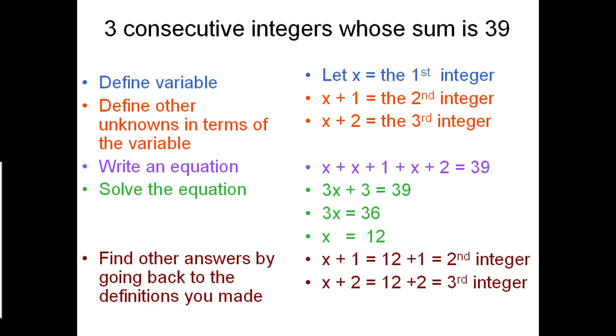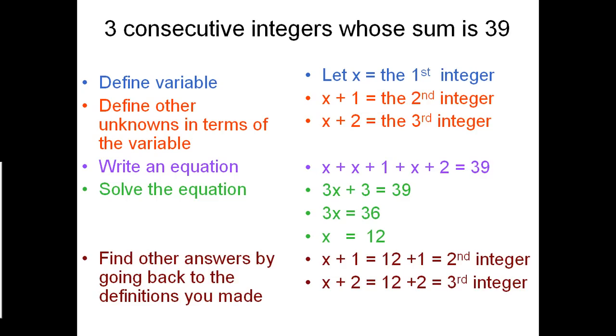You will often get problems of something like 3 consecutive even integers or 3 consecutive odd integers whose sum is something. Those are solved in just the same way, except it's let x equal the first integer, x plus 2 is equal to the second integer, and x plus 4 is the third integer.